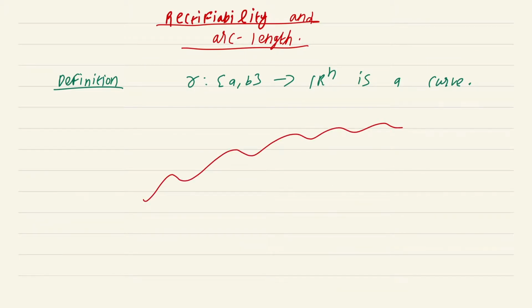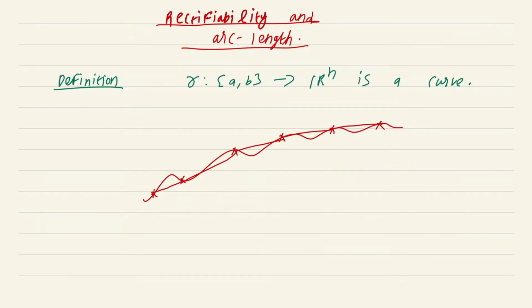You have some curve. What you do is you pick points on this curve and join the line segments in between these points. So I have not drawn it perfectly, but you will get more or less an idea of what is happening. So you draw these line segments together.